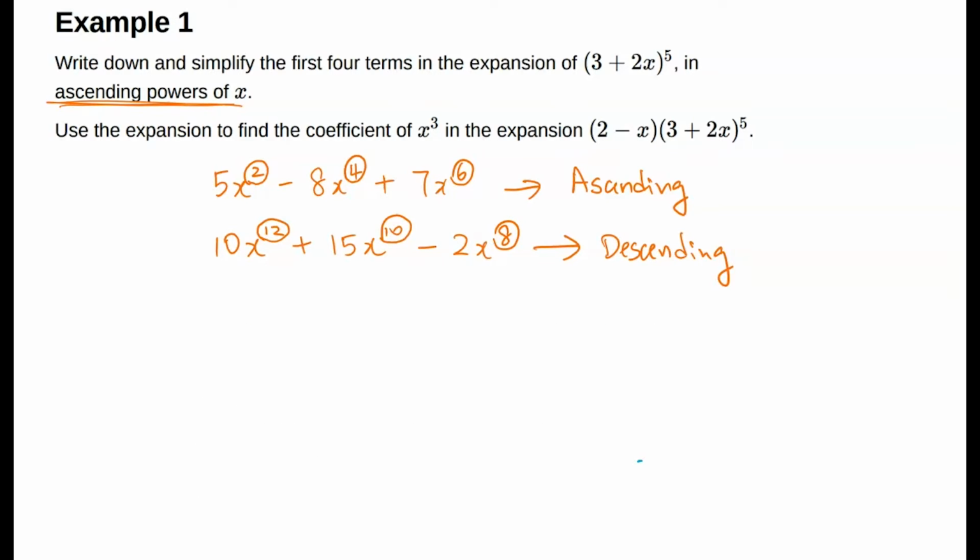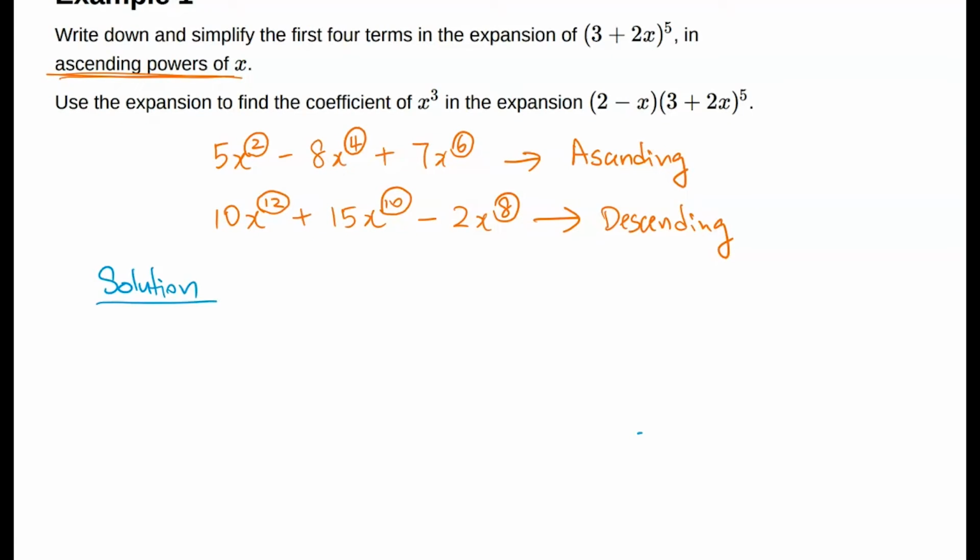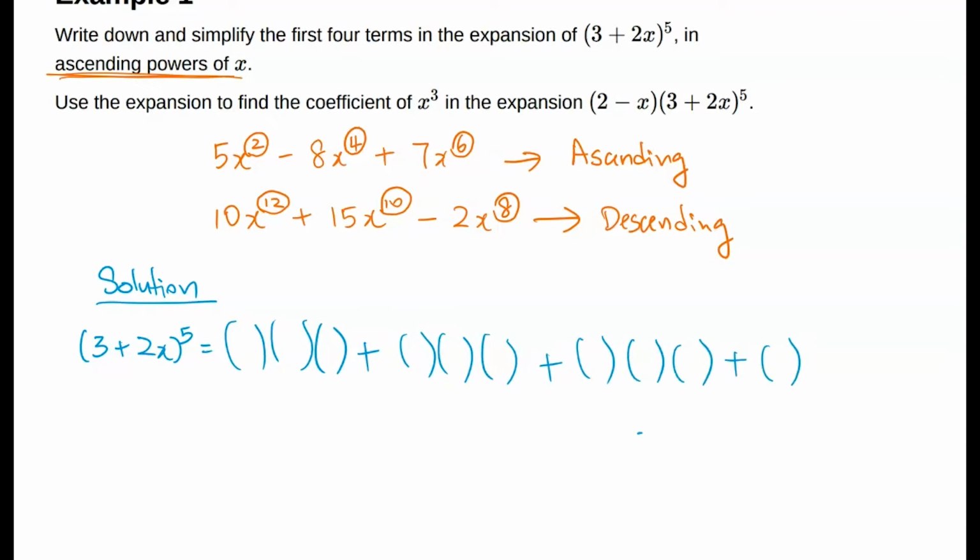With that, let us look at this question here. The first part is quite straightforward. You should be quite familiar with doing this expansion by now. Let me write down the solution quickly. 3 plus 2x to the power of 5, and I only want the first four terms. Now I add on my n, a, b.